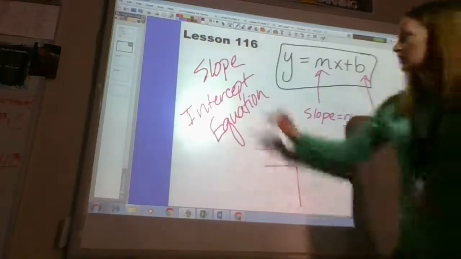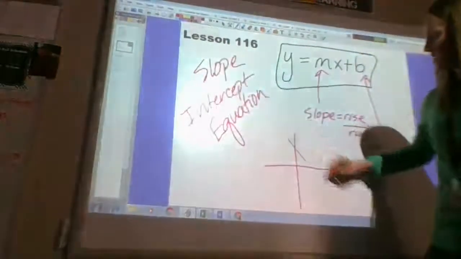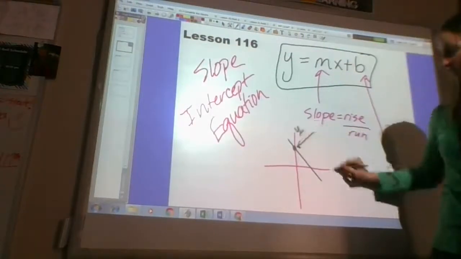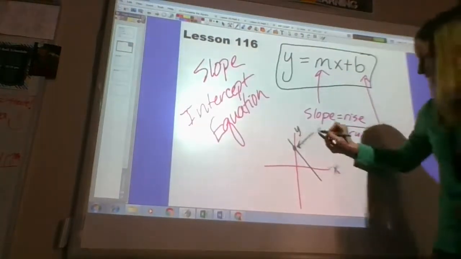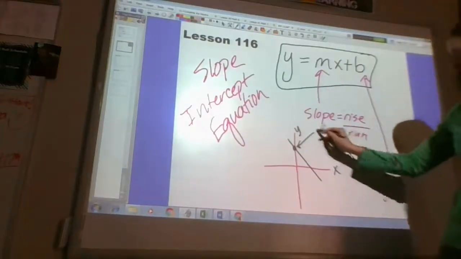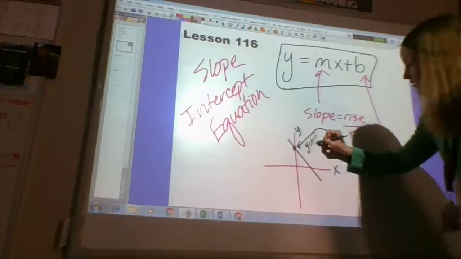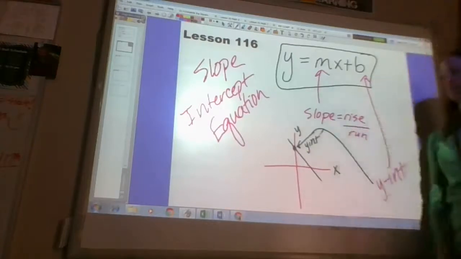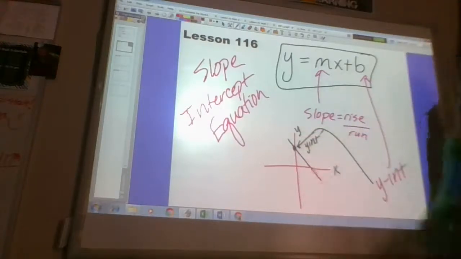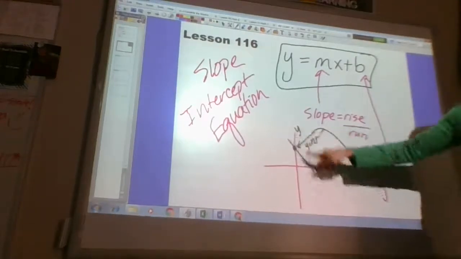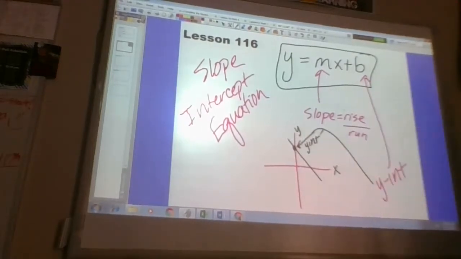Well, a y-intercept of a line is where it crosses the y-axis. That's the y-axis, this is the x-axis. So that is called your y-intercept. That value, whatever it is, can be positive, it can be negative, it can be 0 even. But it's always where the line runs into your y-axis.